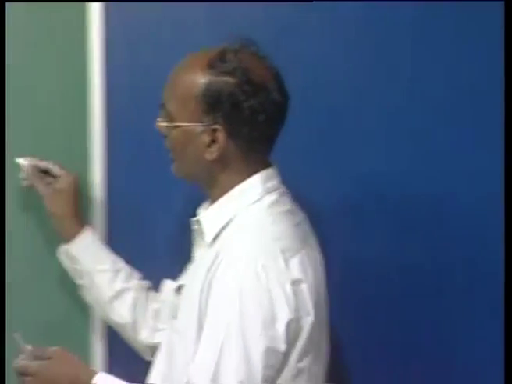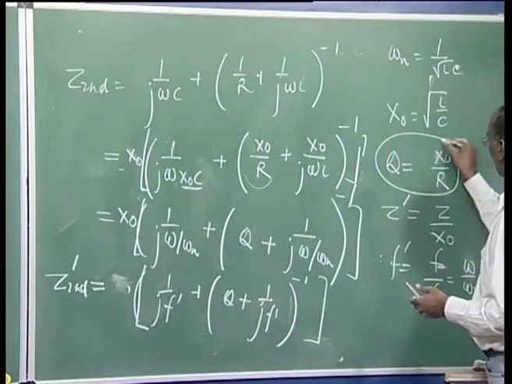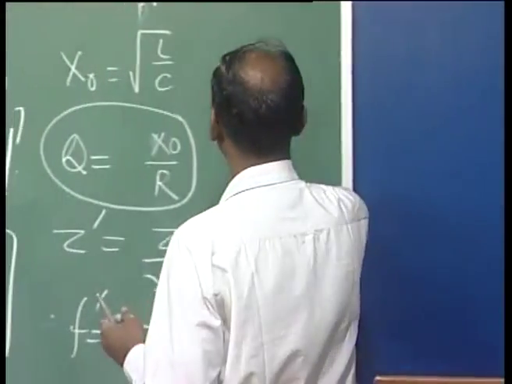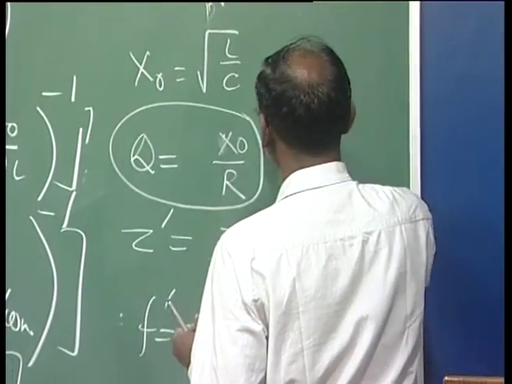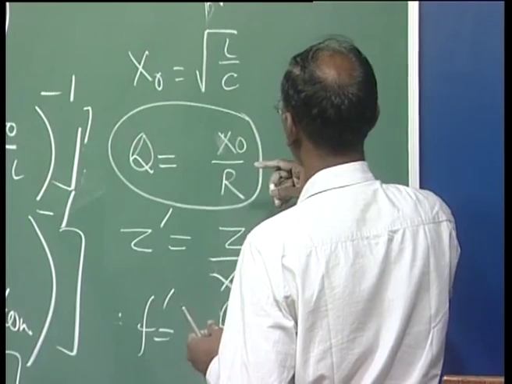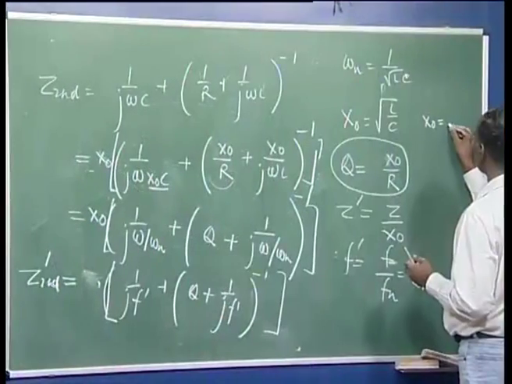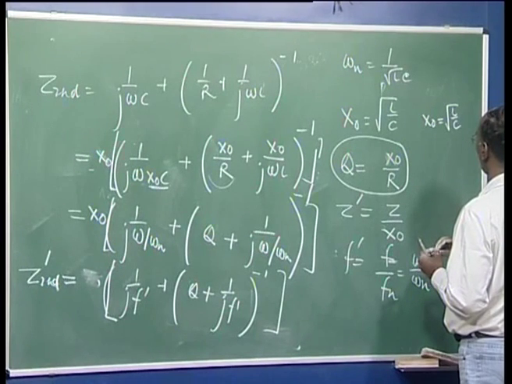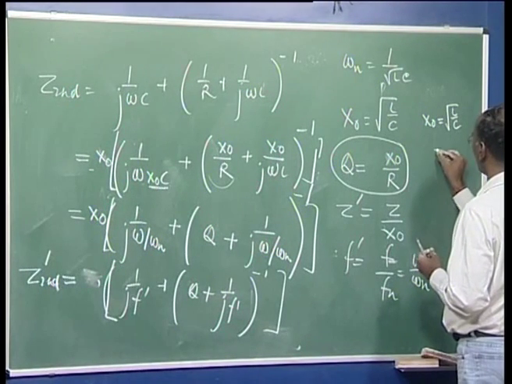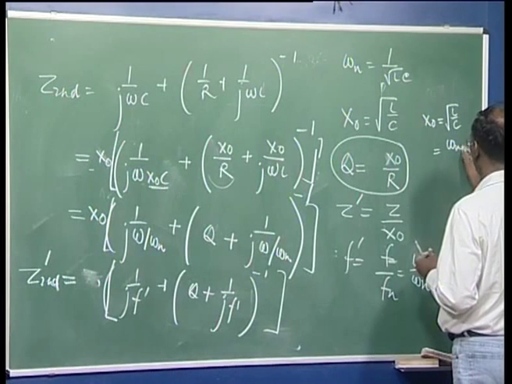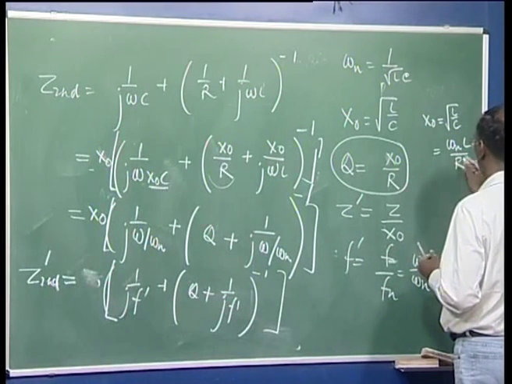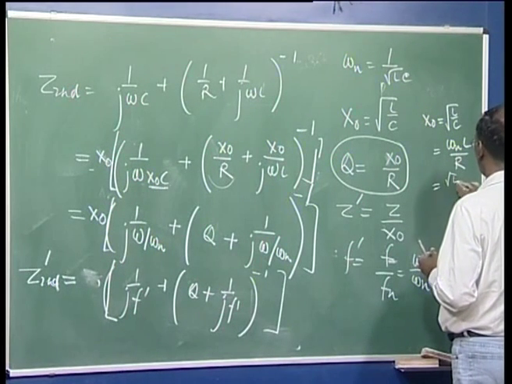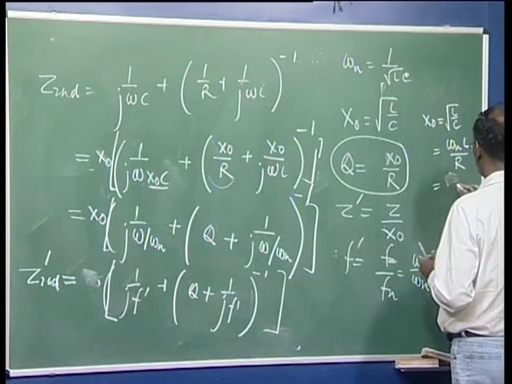So, this Q is why I have a doubt here. This is X naught. If you see just the last term, what we got? It was root L upon C, then I can say omega n L upon R. So, this is nothing but root 1 upon L C, sorry.